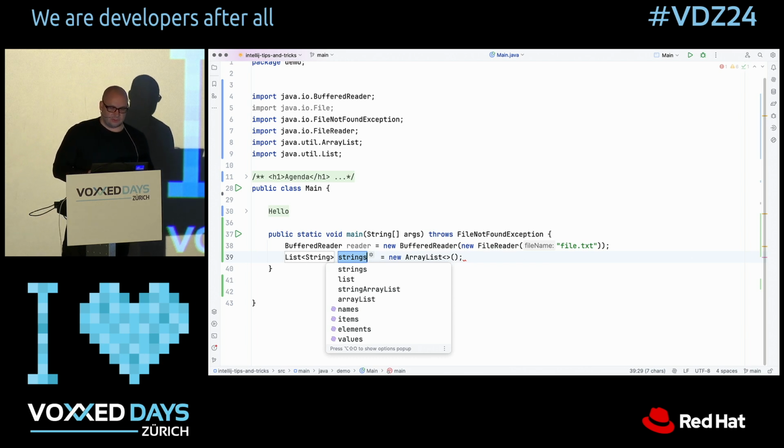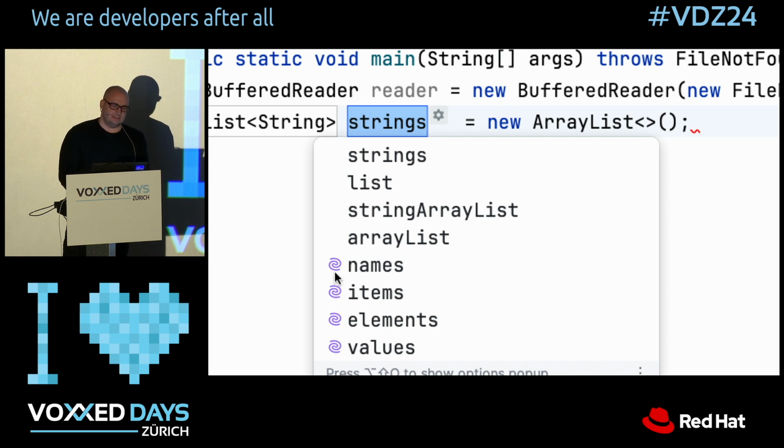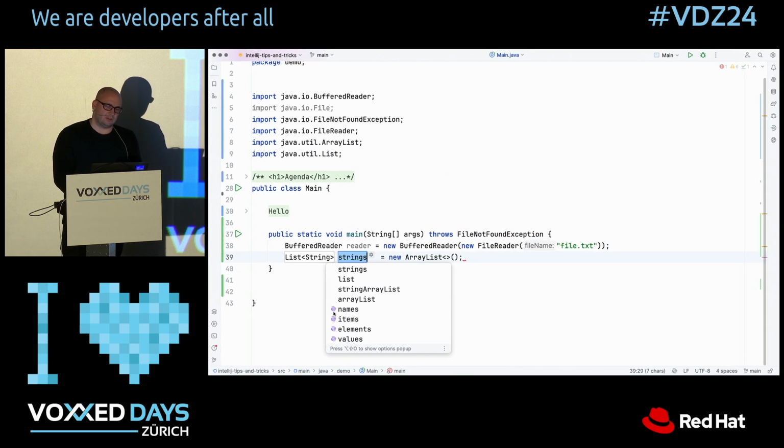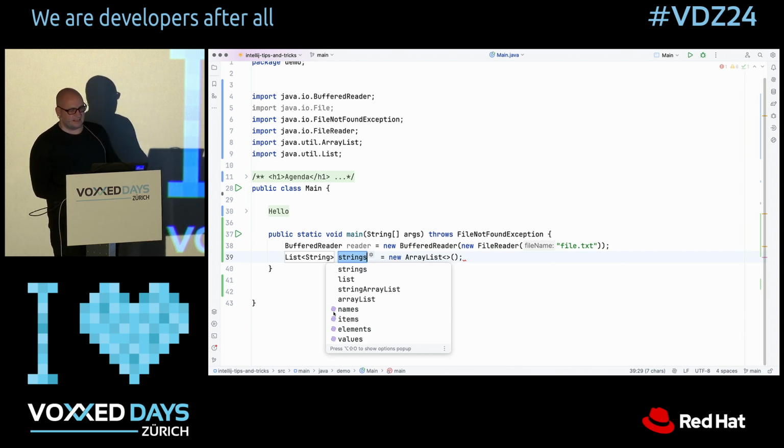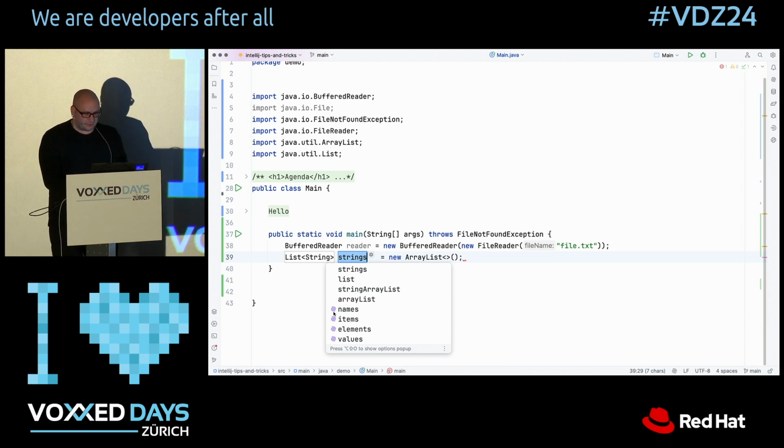We can do something with that as well. But then there are a few options that are currently coming from the AI assistant. That's a reasonably new feature in IntelliJ. So if you have a subscription for that, it will analyze the code and try to semantically derive the name for the variable. Sometimes really helpful, not in this context, not too much. I mean, strings is a really great option.